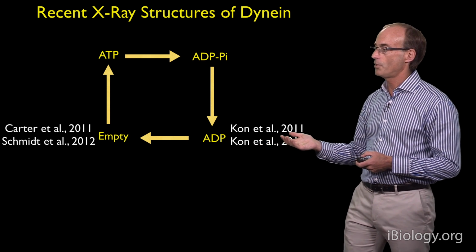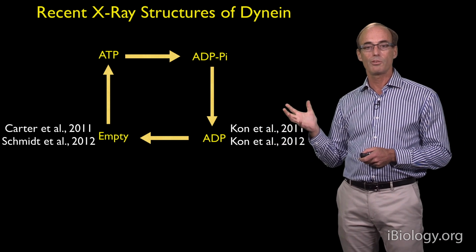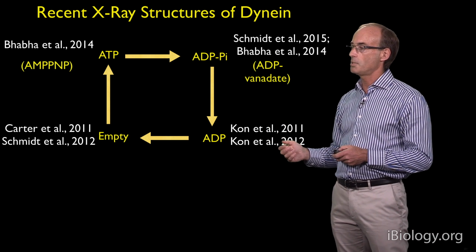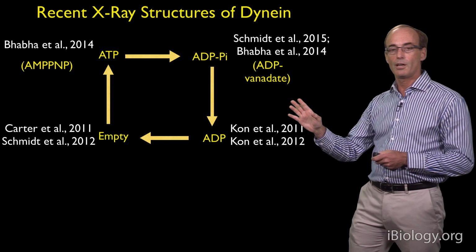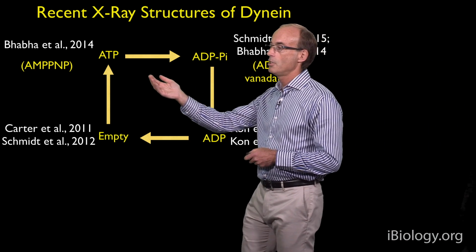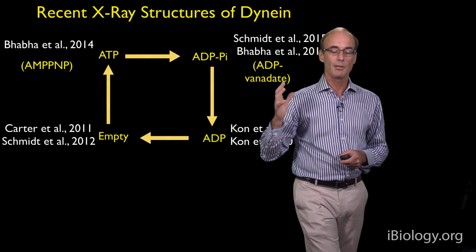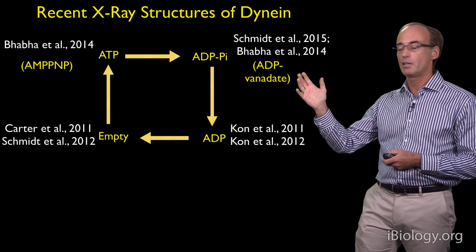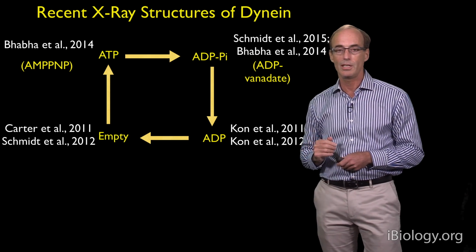So the group of Kon and colleagues from Japan reported a very nice structure of Dictyostelium cytoplasmic dynein with ADP. And in the last year or two, our lab got a structure of dynein with an ATP analog called AMP-PNP. And Andrew Carter's lab was able to get a structure with ADP vanadate, which may be mimicking an ADP-Pi state.